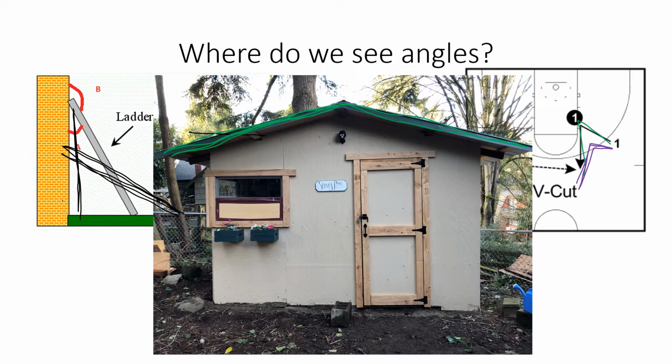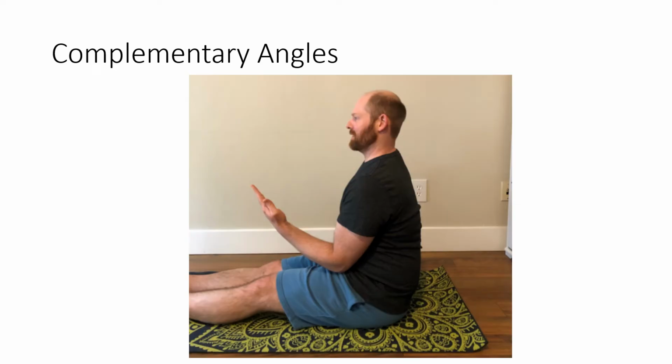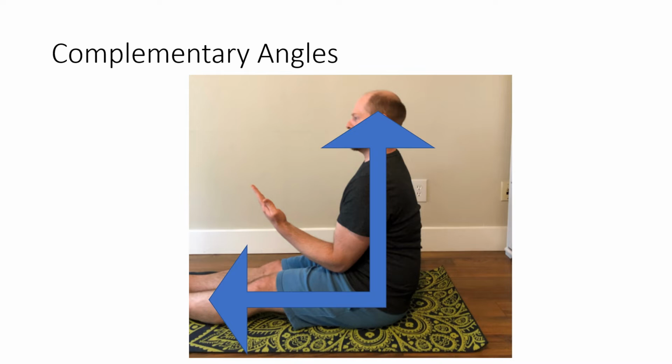We're going to learn about 4 specific types of angles today. Hi, Mr. M. Sadaquist. First, we're going to learn about something called complementary angles. So notice Mr. M. Sadaquist is sitting at a 90-degree angle. 90 degrees is like a perfect corner or perfect L shape.